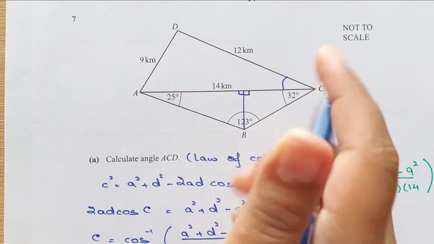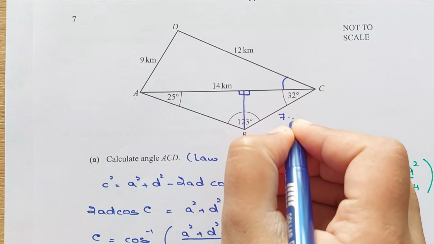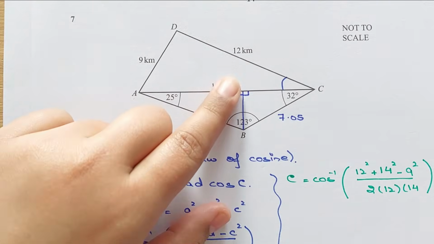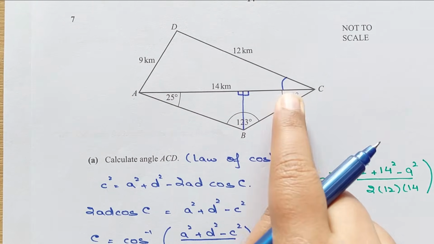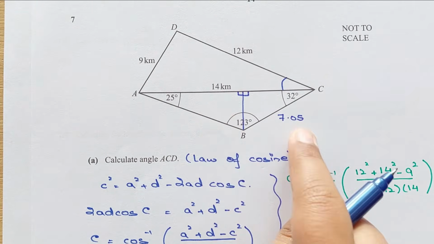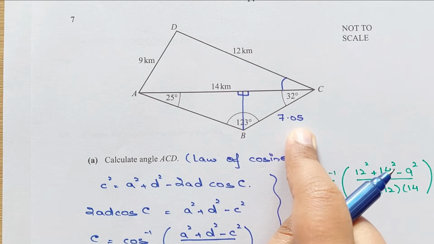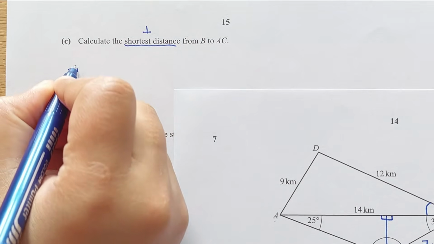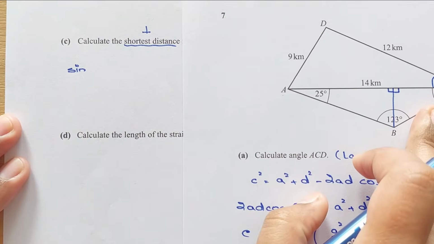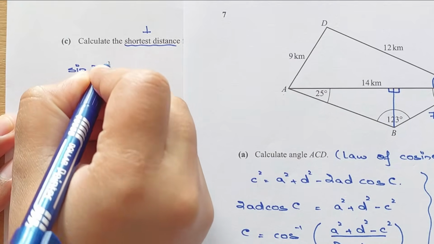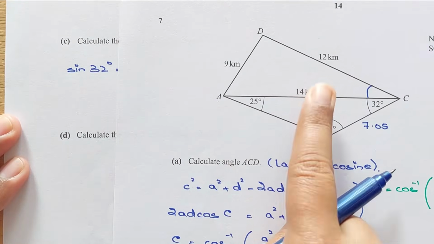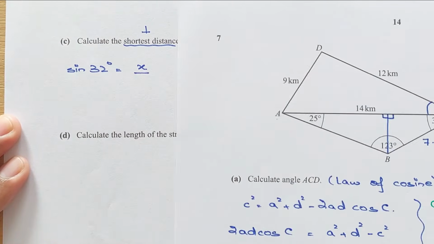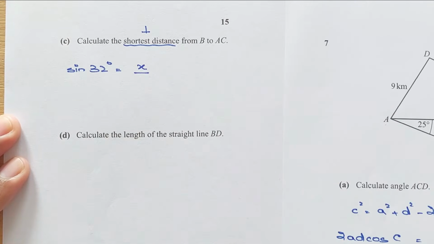So now we have BC, that is 7.05 kilometers. We have angle C. We use SOHCAHTOA to find this length, right? So the side in front of the angle is opposite and we have the hypotenuse. So we need to use the ratio for sine, right? So here we can say sine of the angle C, that is 32, equals the opposite side, which is the perpendicular distance x, divided by the hypotenuse BC, 7.05.